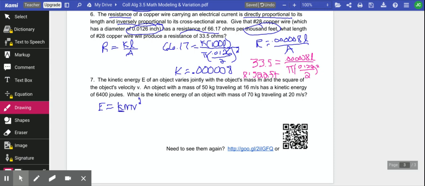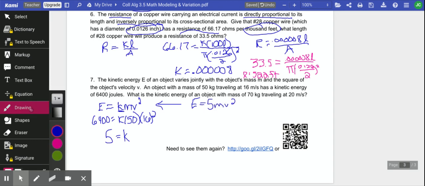An object with a mass of 50, so we can plug that in here, 50, traveling at 16 meters per second. That's its velocity. We don't know what K is, but it has kinetic energy of 6,400 joules. So you just use your calculator, solve that for K. I'm going to skip those steps, and we find that K is 5. So going back up here, our model is E equals 5mv squared.